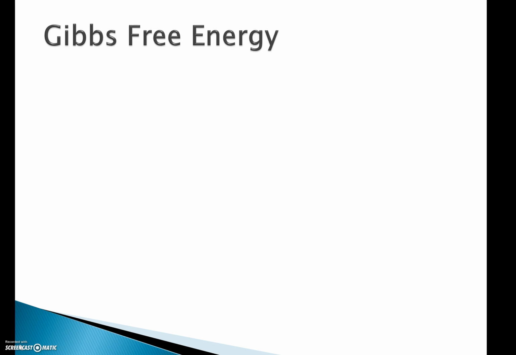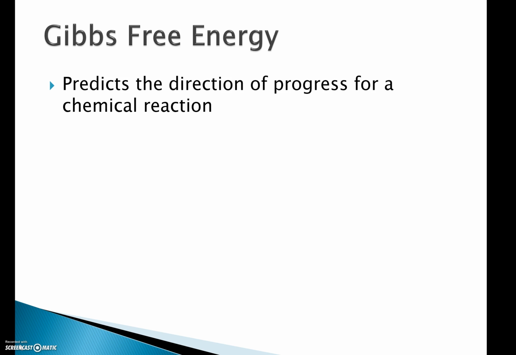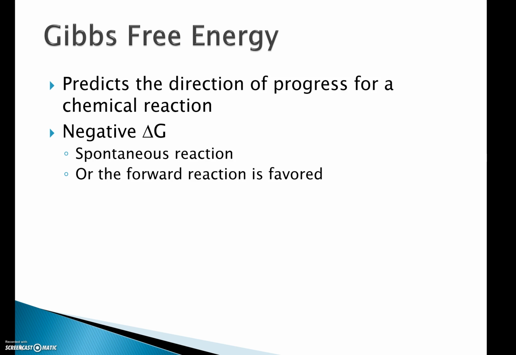Last, we want to talk about Gibbs free energy. A Gibbs free energy value is going to help us predict whether or not a process is spontaneous. If we calculate our Gibbs free energy value, our delta G value, and the value is negative, that means the reaction is spontaneous in the forward direction, from left to right, towards our products.